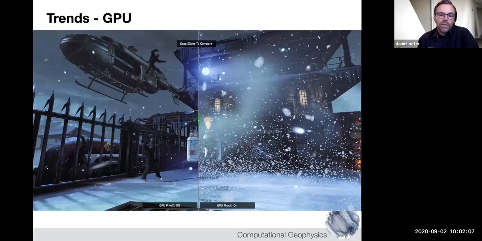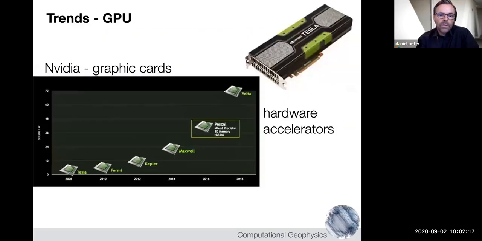But then they opened it up for more computations. You had capabilities of doing floating point operations with them. And so the GPUs, since about 2006, 2008, these Tesla architectures, became general purpose chips, which means for general purpose computations, you could use them.